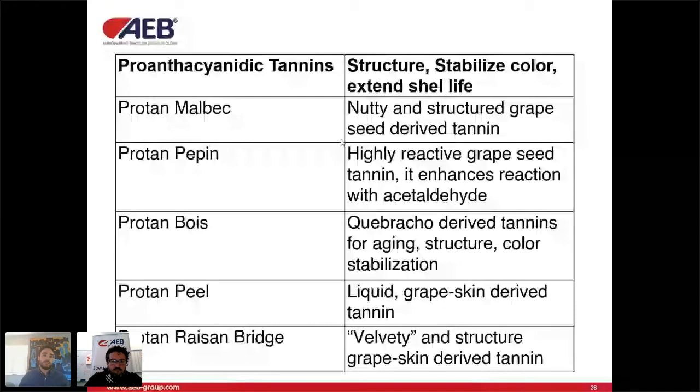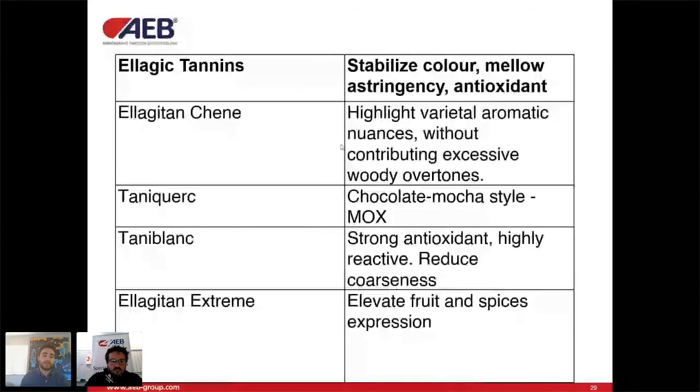Also, IOC developed a list of ellagic tannins, and the ellagic tannins differ in their ability to have an antioxidant action, so promote protection from oxygen and production of acetaldehyde, but also differ in the kind of aromas that they can give to your wine.